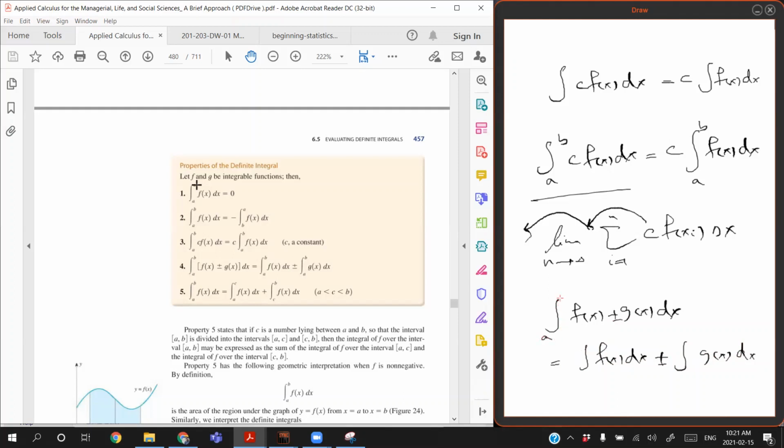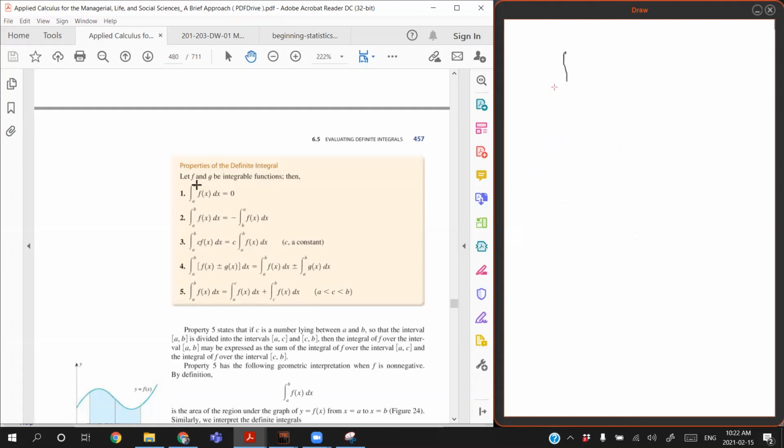So if you have bounds a to b, a to b, a to b, you still have this property. So the definite integral of a sum would be the sum of the definite integrals, or the definite integral of a difference would be the difference of the definite integrals.